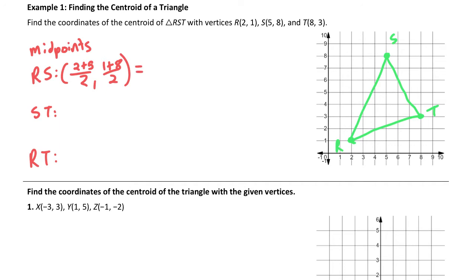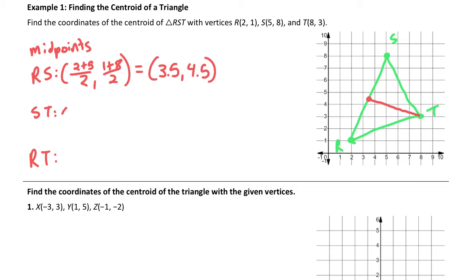So that midpoint is going to be (3.5, 4.5). Okay, so I'm going to graph the point (3.5, 4.5). It's going to be a little weird, but it's right here. So I'm just going to draw that median right now, best I can. Okay, so that's my first median.